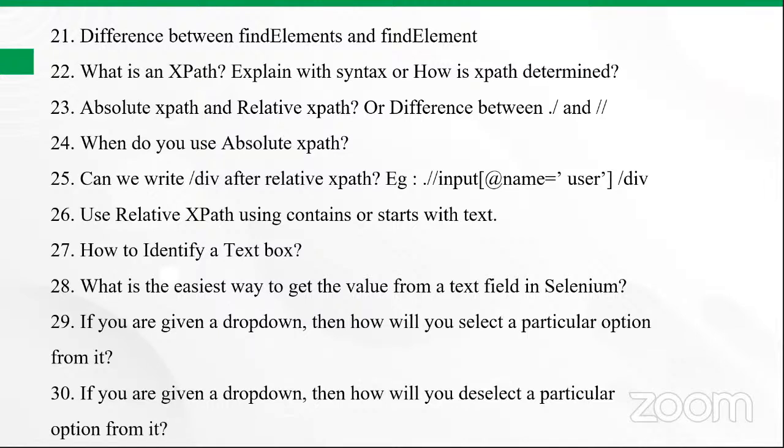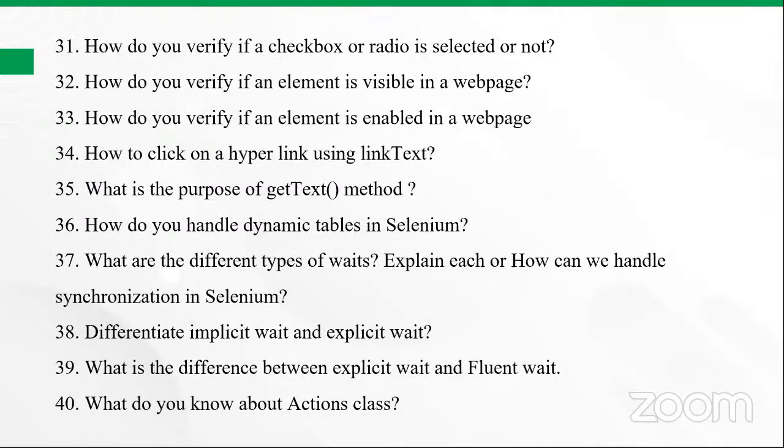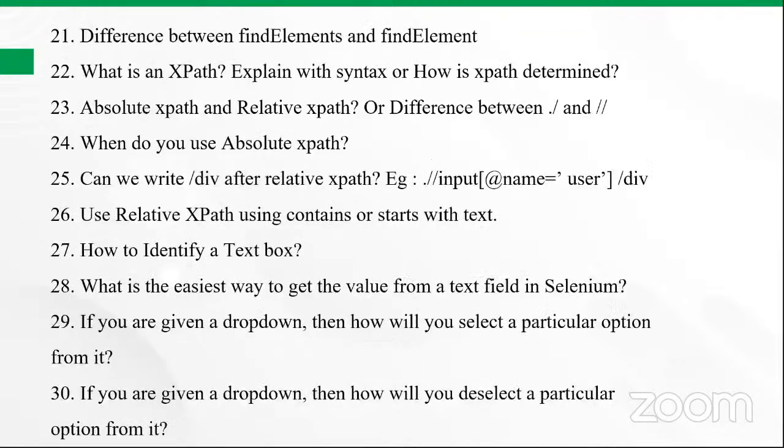If you really want to dig into how we write XPath, we can plan a separate session. Please make a comment in the chat box so that we can plan it. Yeah, we can move on.